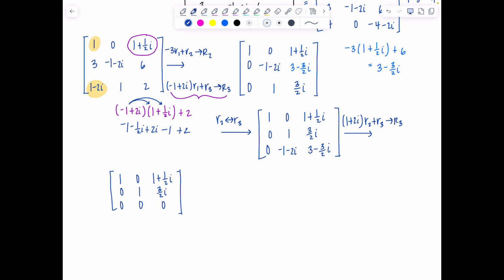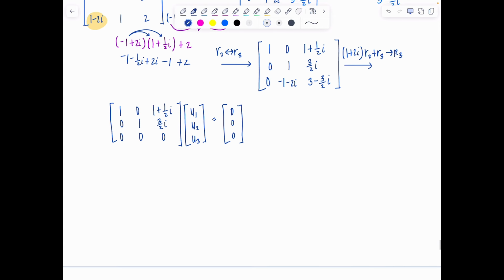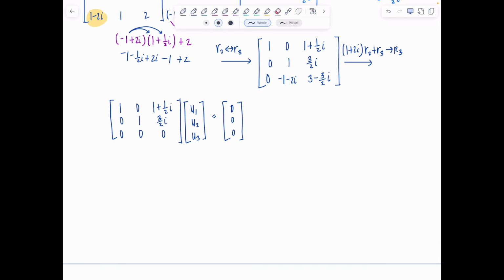Okay. So this times u1, u2, u3 gives us 0, 0, 0. Okay. So then we'll have u1 equals negative 1 plus 1 half i u3. And u2 equals negative 3 halves i u3.